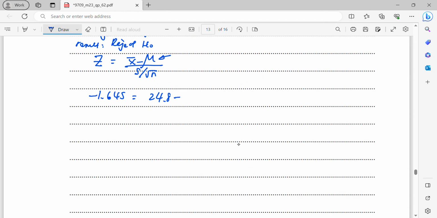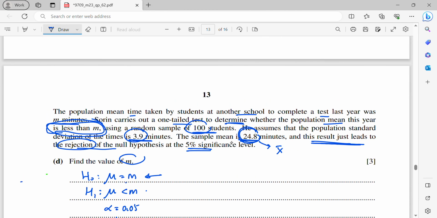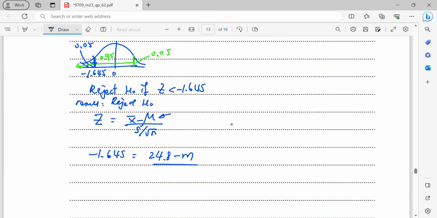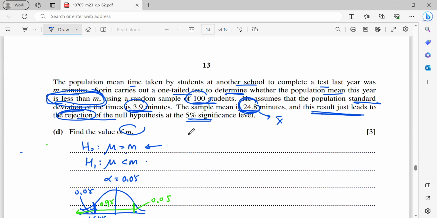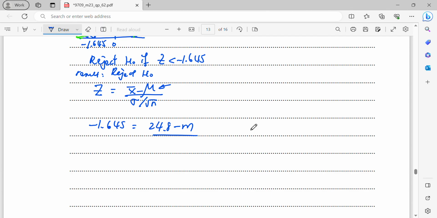So here, m minus m over standard deviation, which is given in the question. Here it is the population standard deviation, so this is going to be sigma, not s, because s is the sample standard deviation. So now your sigma is going to be 3.9, then the n is 100. So I will write 3.9 divided by square root 100.